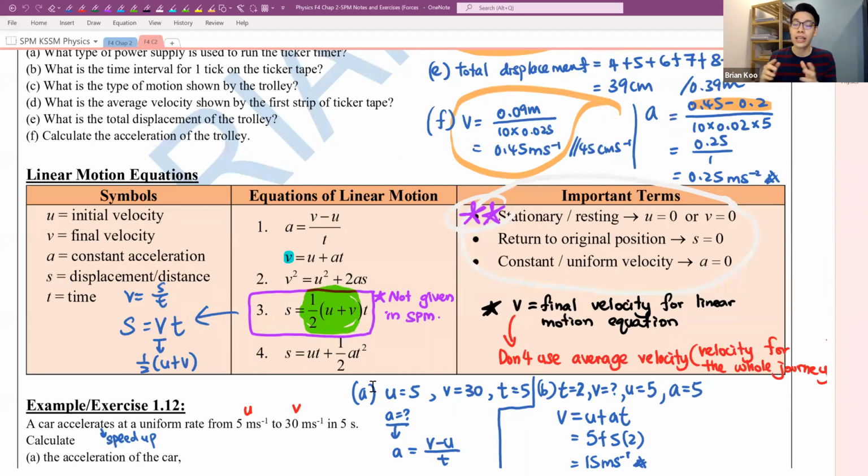If you feel that V equals the entire journey, then something is wrong already. So I just want you to be more cautious with the V here, because this V must be talking about the final part. There's a general V, the one we call average for the whole thing, and there is a very specific one, which is the final part.